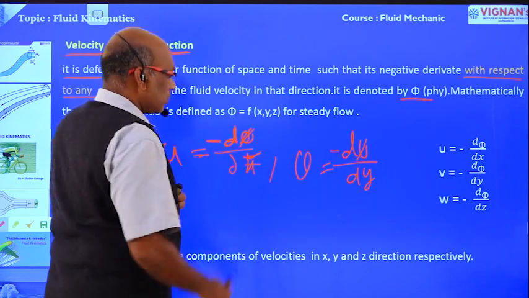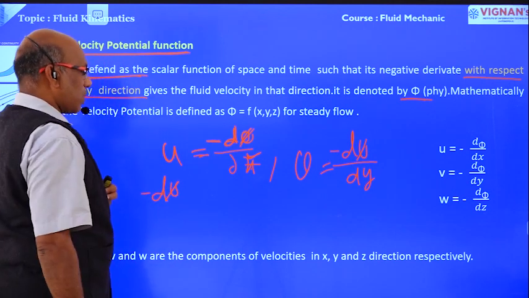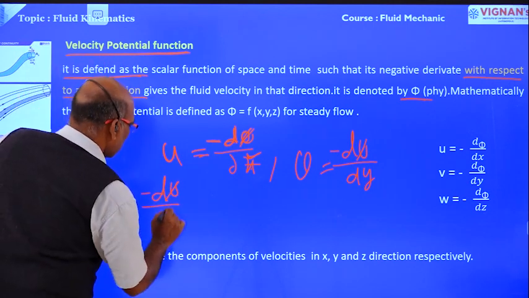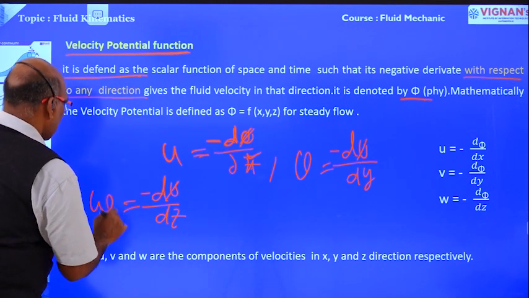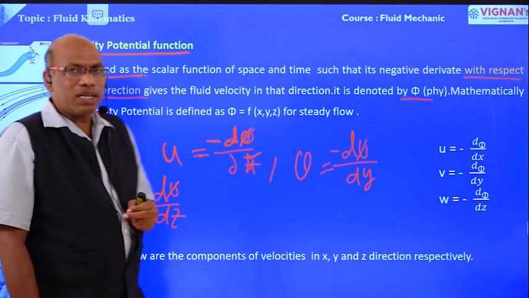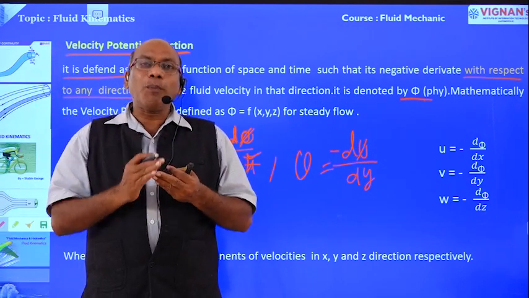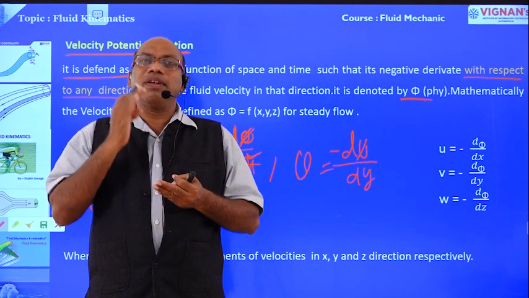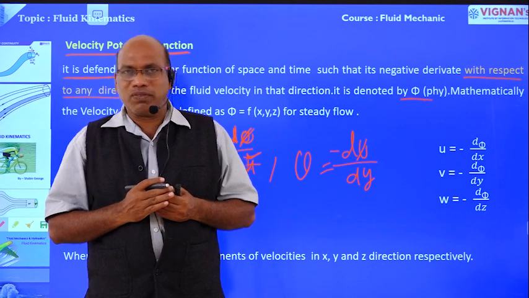Are you clear? And one more, the negative derivative of the velocity potential function with respect to the z direction gives the velocity w. Here u, v, w are the components of velocity in the directions x, y, z respectively.